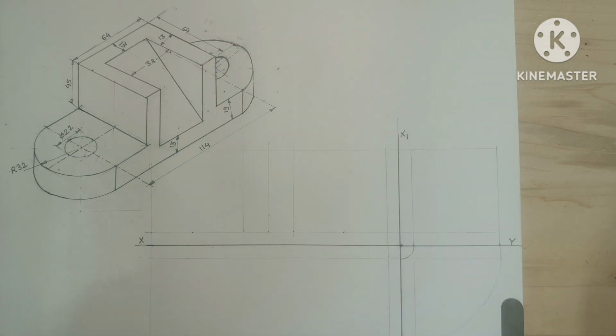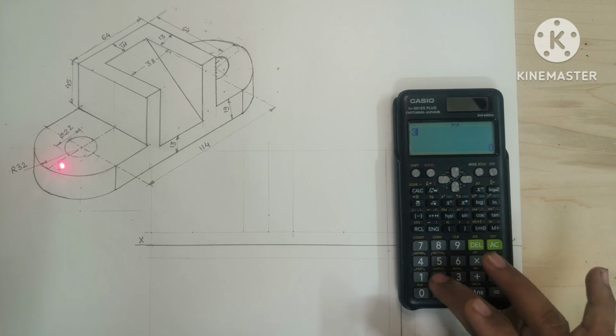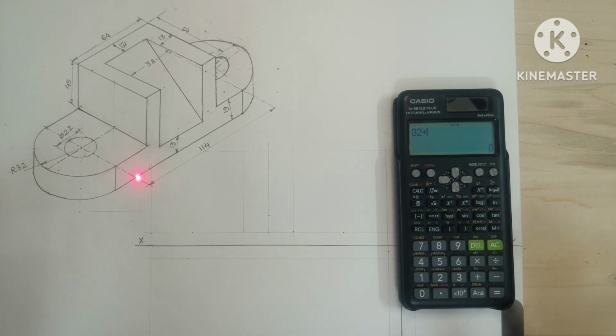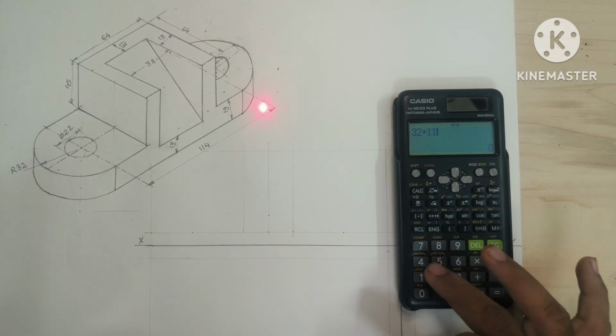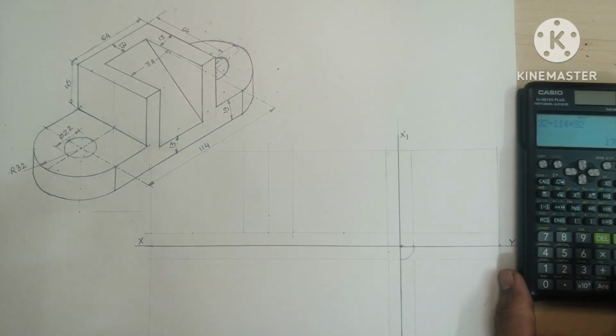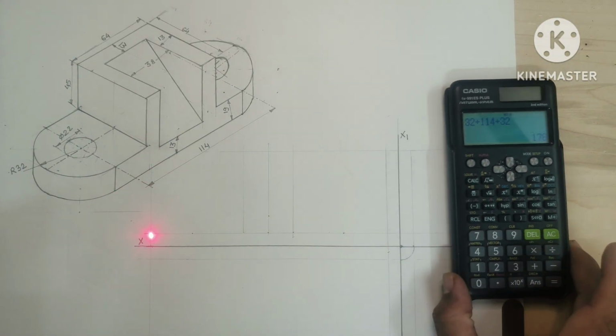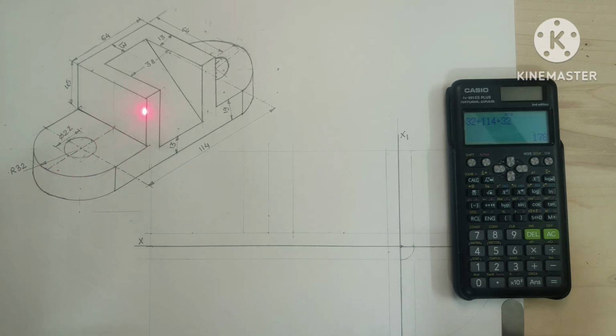Now we will calculate the horizontal distance. Now see here, from this center point to this center point the distance is 32, plus from this center point the distance up to this center line is 114, plus from this center point to this point the radius is 32, which means this distance is 178 millimeter.